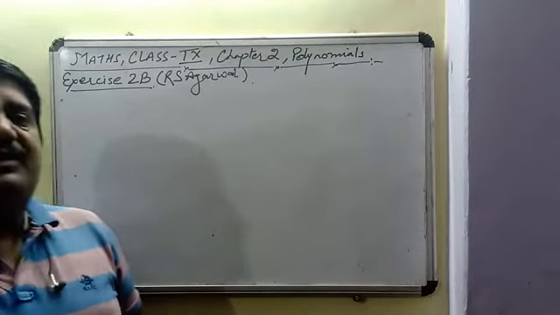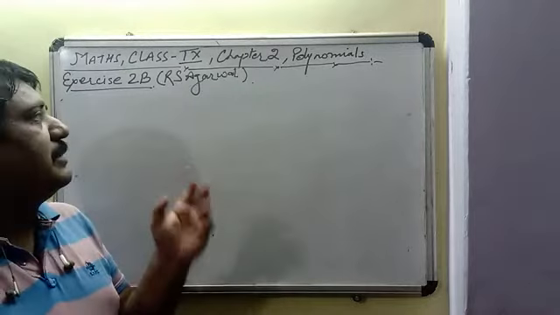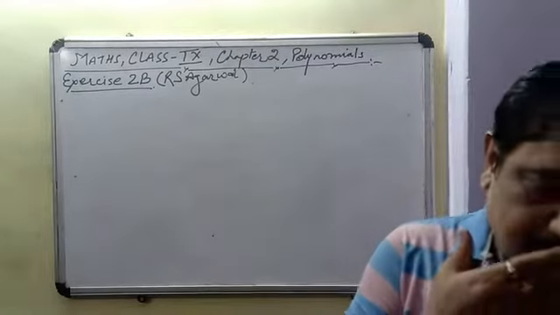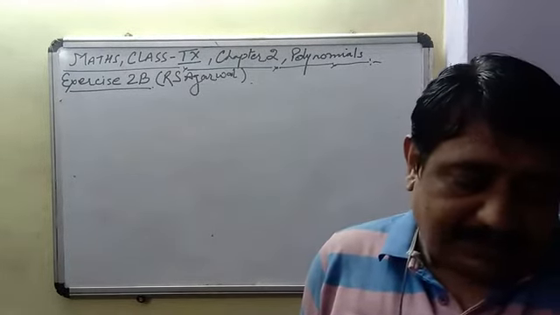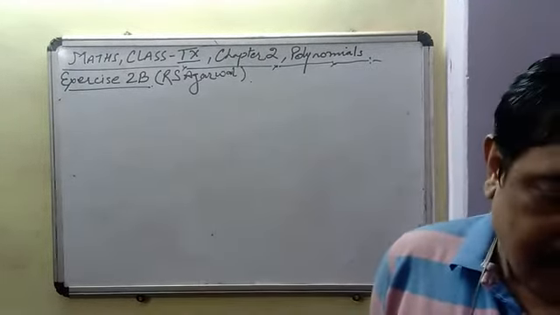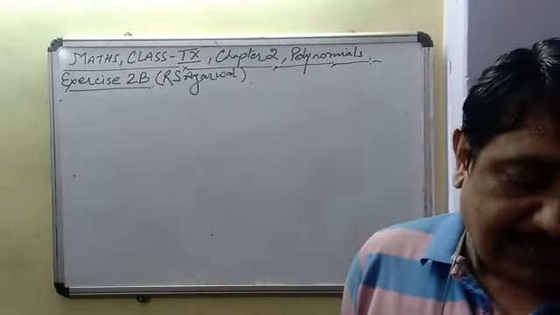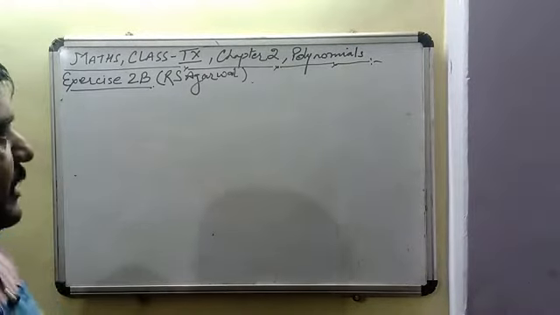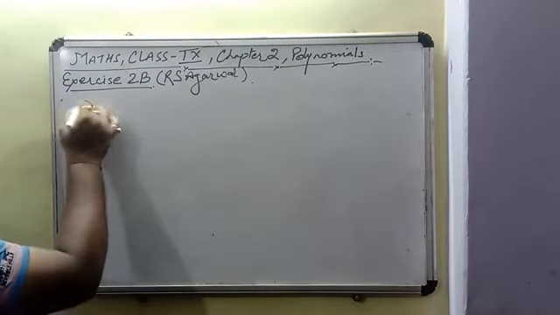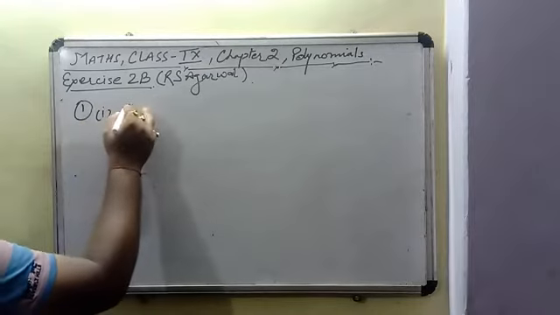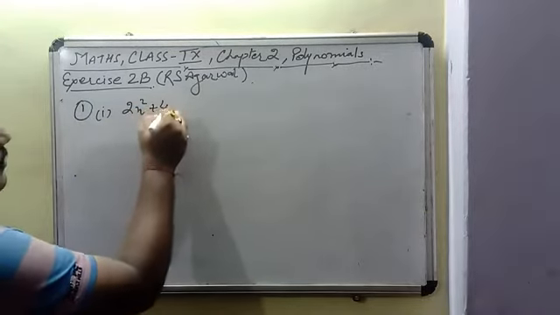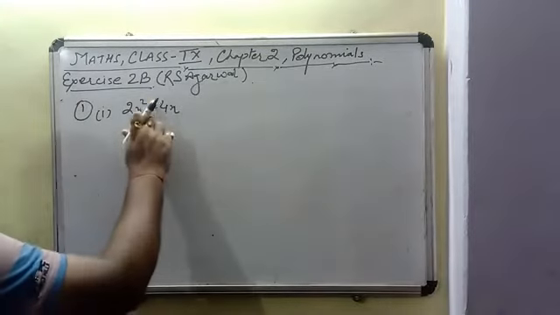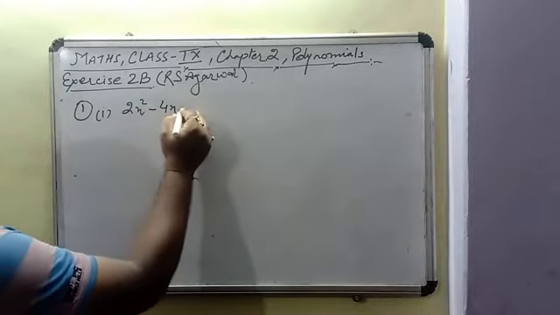So we are going to start the solutions of exercise number 2 from our book R.S. Agrawal. The first question is saying that there is a polynomial 2x square minus 4x plus 5.